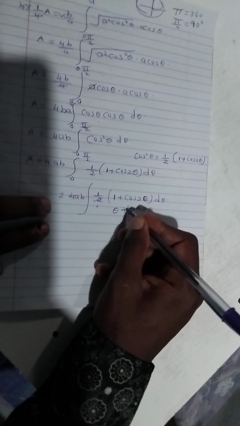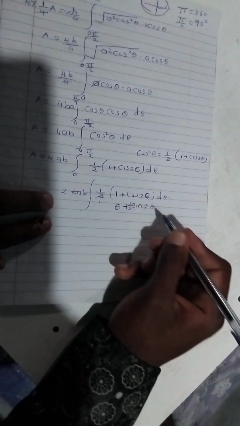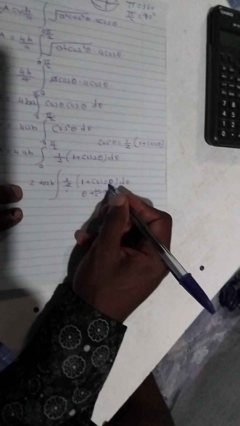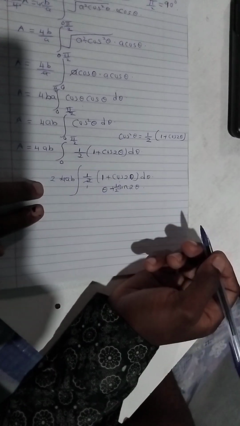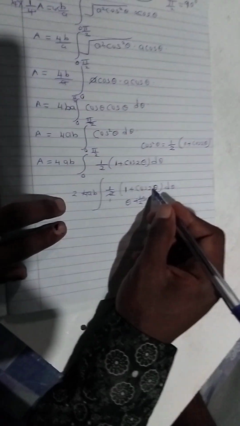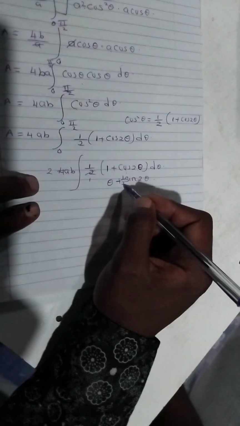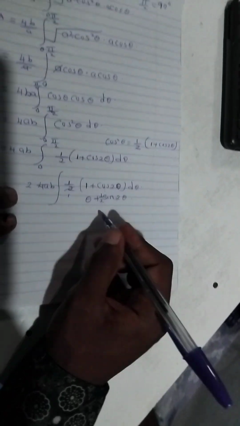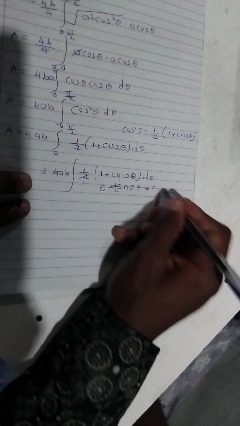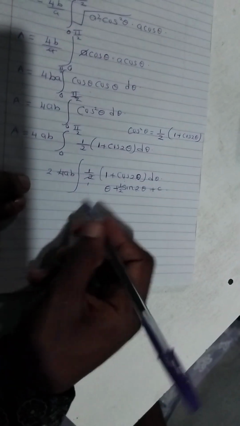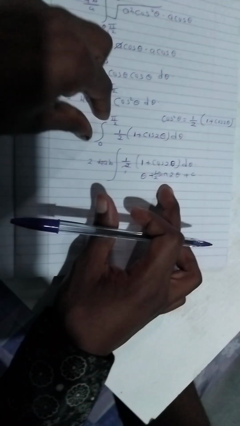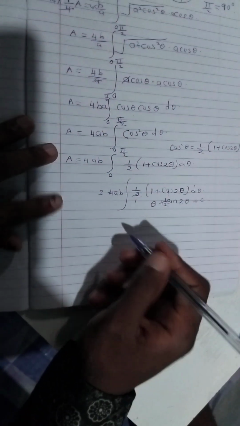That is from the law of integration, whereby when you integrate the first term, you now divide with the derivative of the second term, which is now 2. The derivative of 2 theta is 2. Now we divide by 2, you will get a half. Now plus c. Now this one can easily be integrated from 0 to pi over 2.